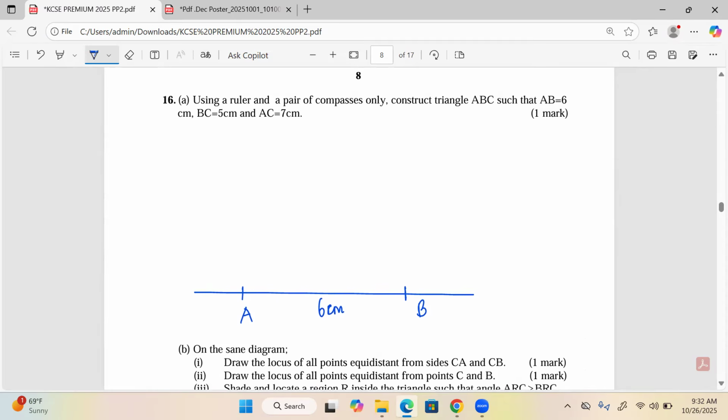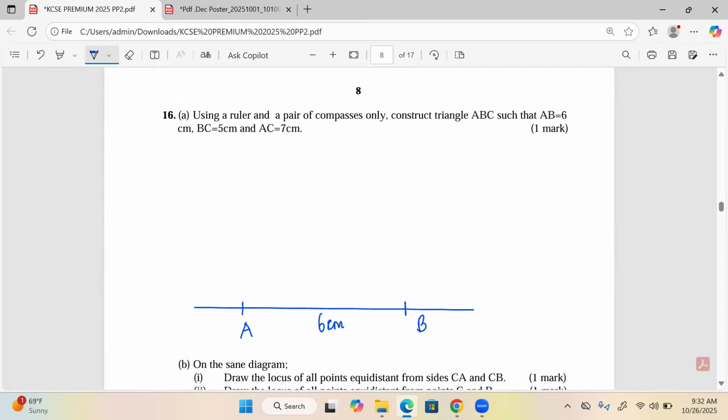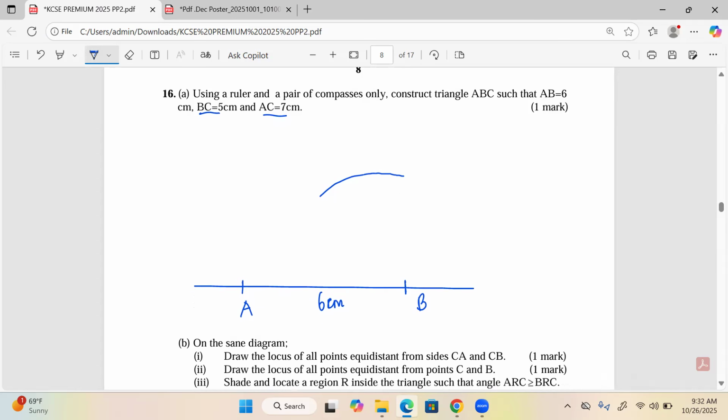Then after that, you're supposed to know that BC is 5. So standing at B, you use an arc length of 5, and you just make an arc, length of 5 like that. Then after that, you also know that A to C is 7. So use an arc length of 7, and you also make an arc.